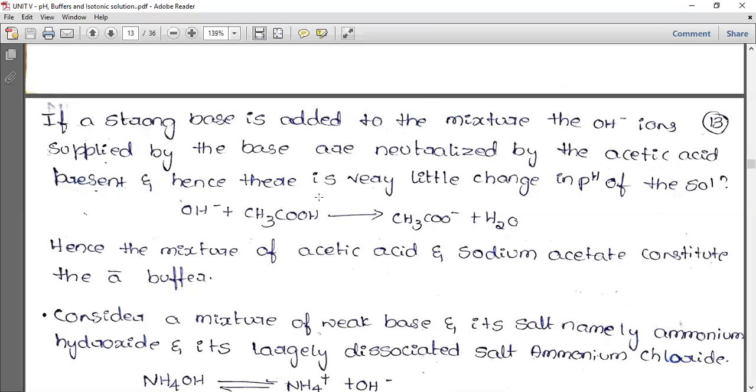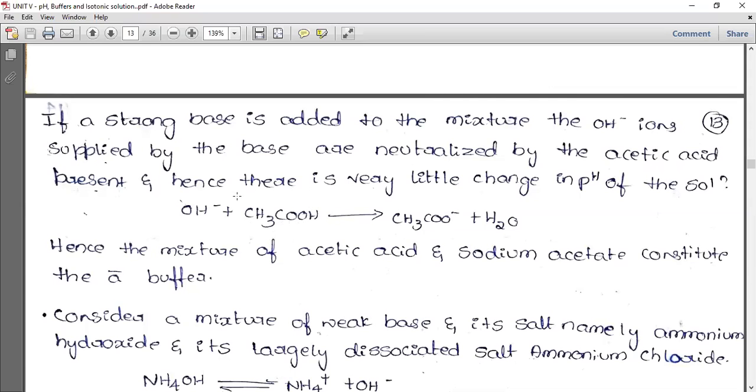So where did this acetic acid come from? This acetic acid is the acid we are considering. How does it exist? It is the same acetic acid, because it's a weak acid and it will partially dissociate, right? So there would still be some amount of acetic acid without dissociation.